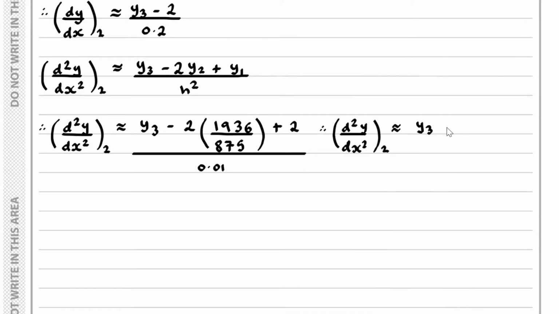So we've got y3 minus 2122 over 875 divided by 0.01.